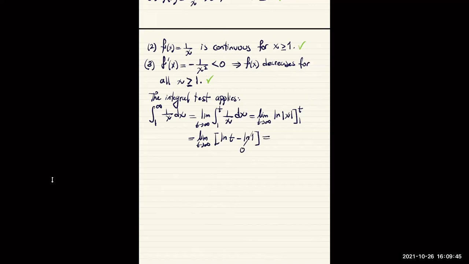As t goes to infinity, ln t goes to infinity. Therefore, the integral is divergent.